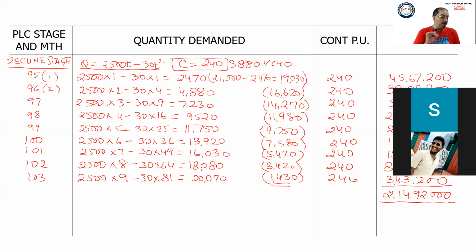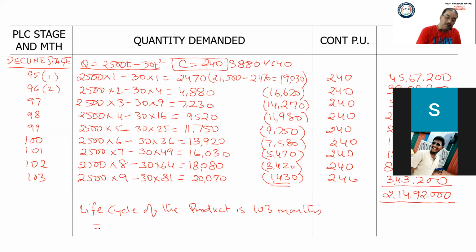Now see, that means it is 103 months. So I can say that the life cycle of the product is 103 months.